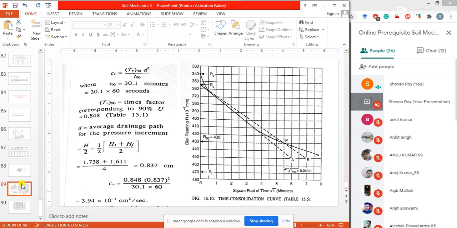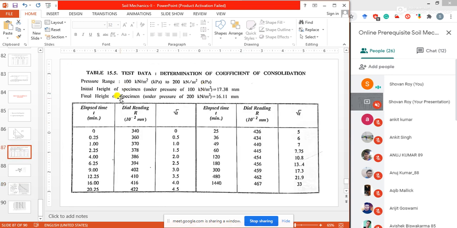So if I have the values from the laboratory, like elapsed time and the dial reading at every elapsed time, we can find out this root over t from the elapsed time, no problem, but this dial reading is needed. How much my sample is decreasing its height, its volume, its voids, we can find out from the laboratory.